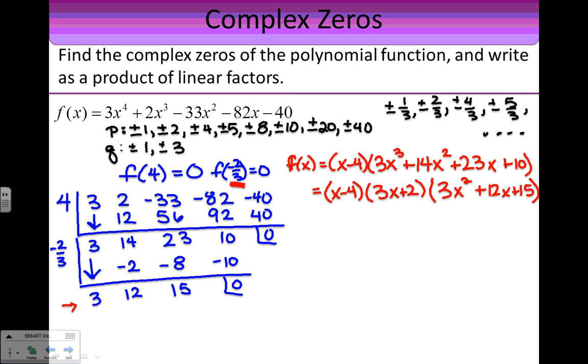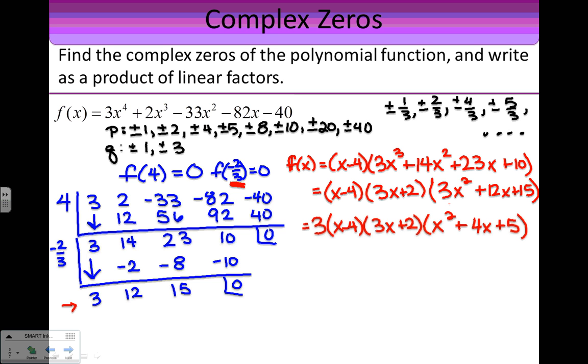Okay, great. So looking at my new quotient, the 3x squared plus 12x plus 15. First thing you notice about it, you can take out a 3 as a greatest common factor. So I'm going to take out that 3 and put it out in the front there. And I'm left with x squared plus 4x plus 5.